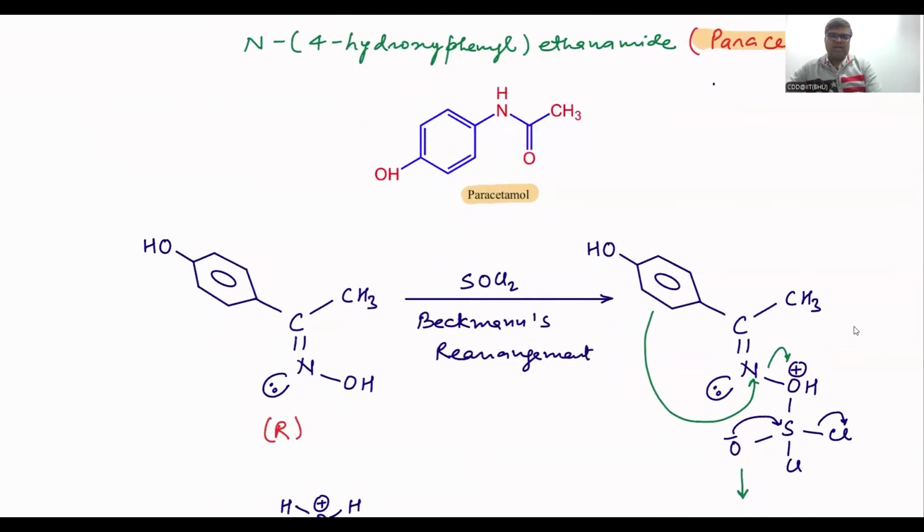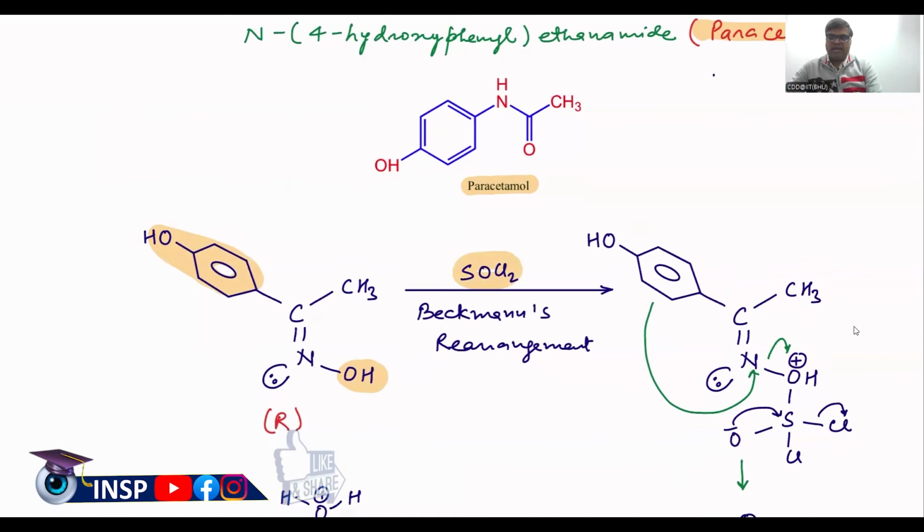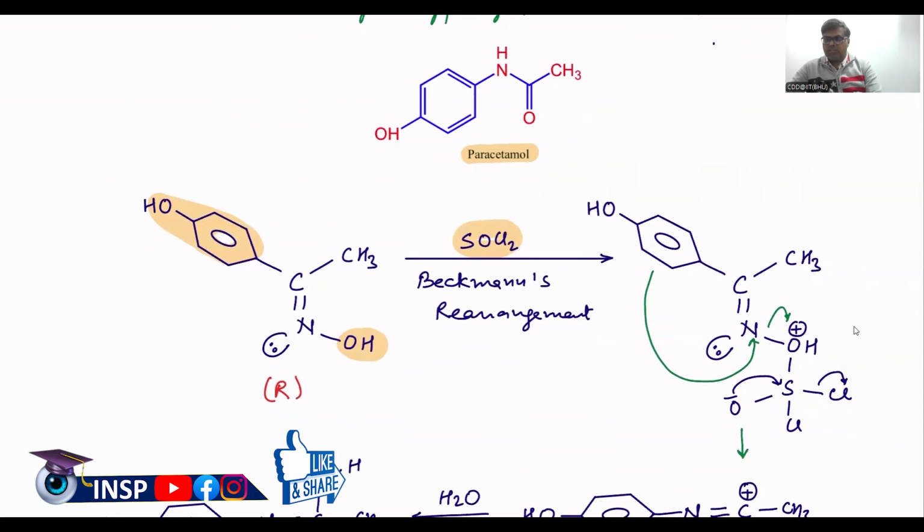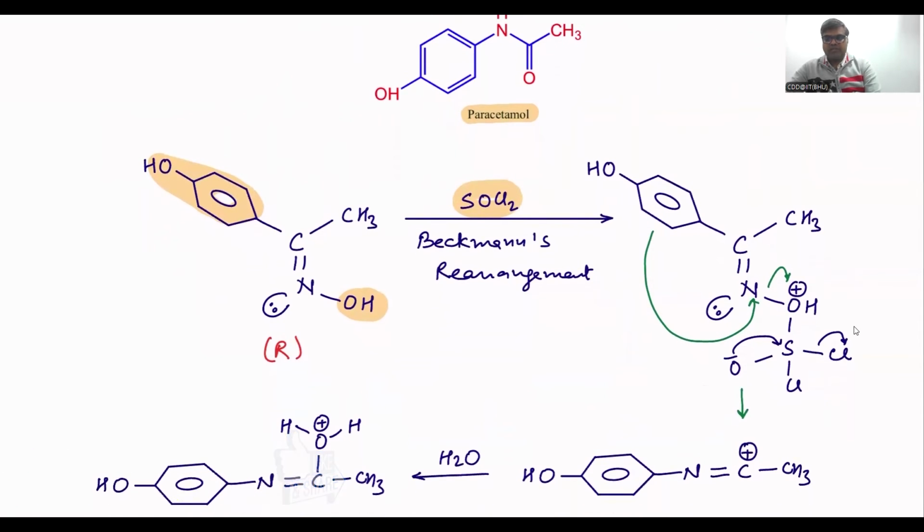Now, R as I have taken, OH and this phenol ring are in the anti position. So when SOCl2 is used for Beckmann's rearrangement, you know that the group which is anti to OH will migrate. In this case, the oxygen lone pair of electrons will attack the vacant orbital of this sulfur.